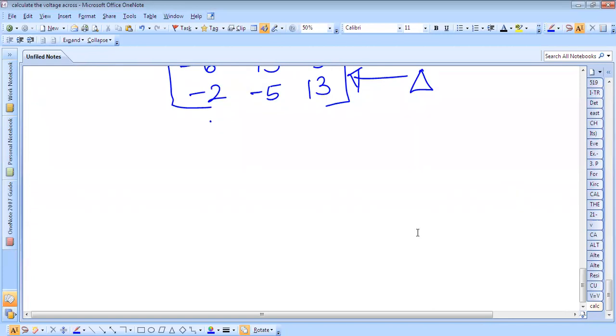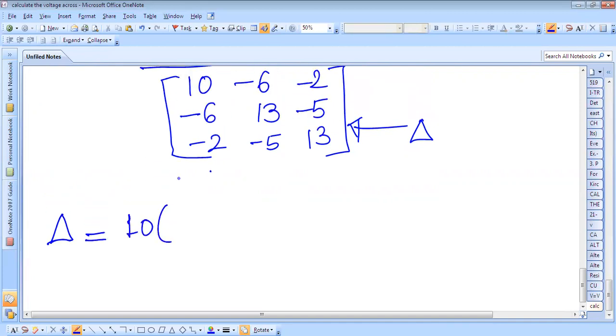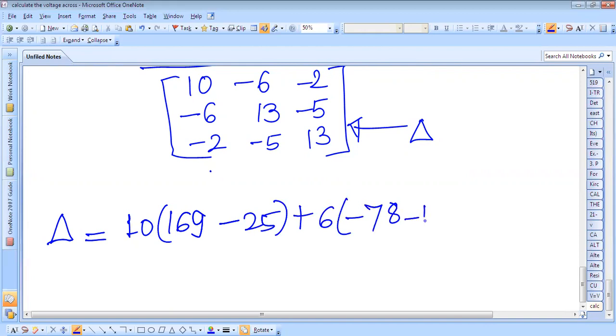We have to find del, that is 10 into 13 into 13, 169, minus 25, plus 6 into minus 78 minus 10, minus 2 into 30 plus 26.